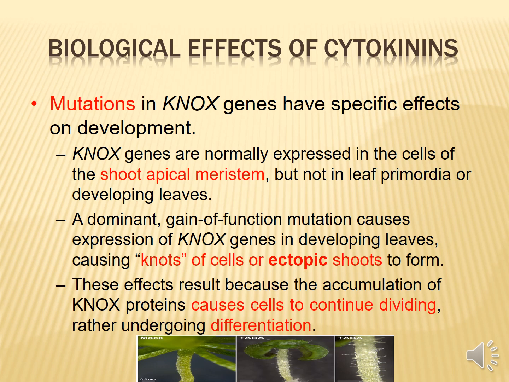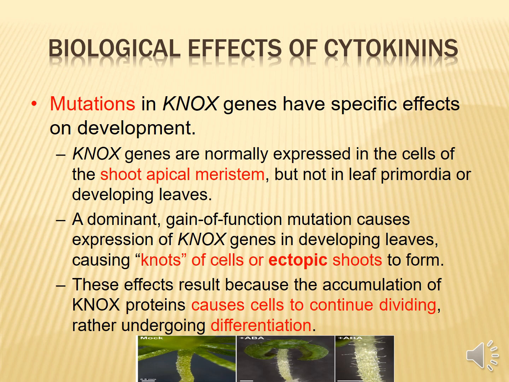So what happens? If we look at this function, for cytokinin to maintain the shoot meristem, this gene is actually expressed in the cells of the shoot apical meristem, but not in the leaf primordia or developing leaf.